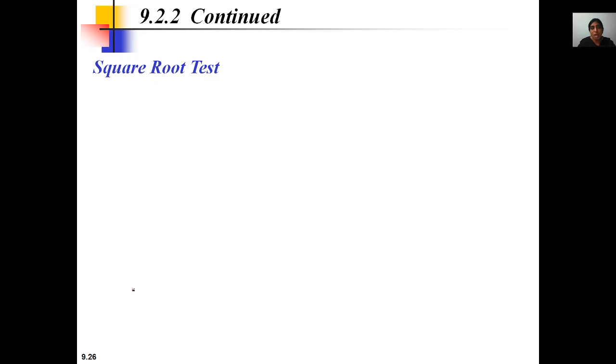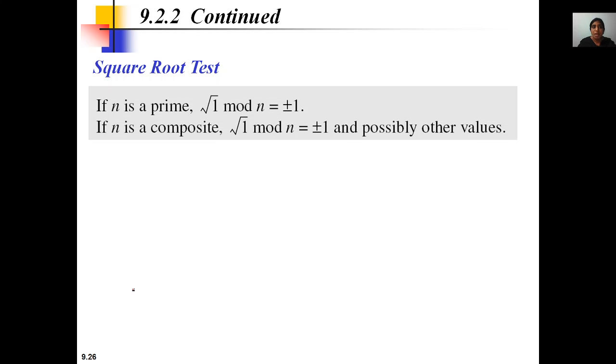Then coming to the next one. Once you have checked the Fermat test, the other testing method is the square root test. Here we have certain rules that we are going to follow. The first rule is to have a prime number. We are going to find the roots of 1 mod n, which should always be equal to plus or minus 1.